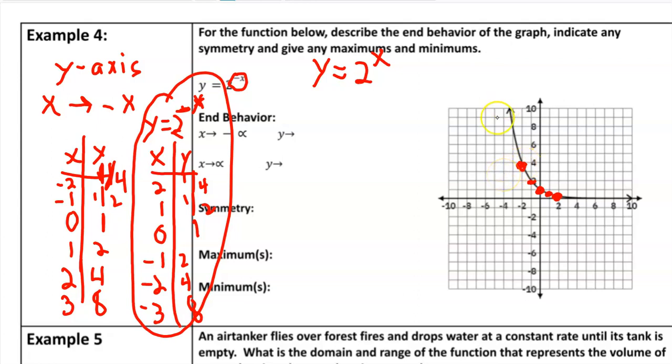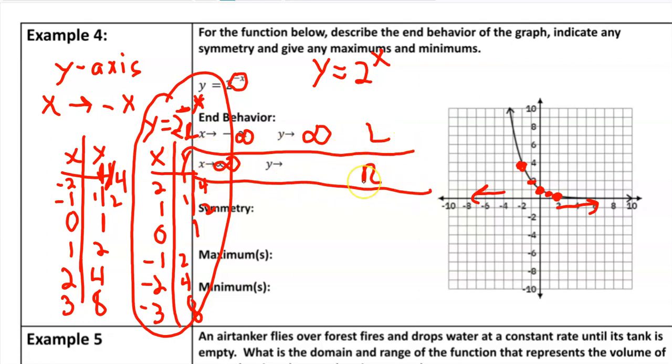Okay, so as x goes towards negative infinity, which is the left side, y is going up towards positive infinity. As x approaches positive infinity on the right side, y is approaching 0.